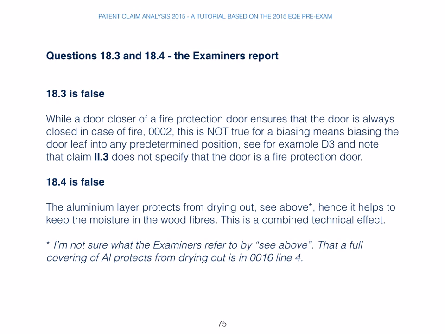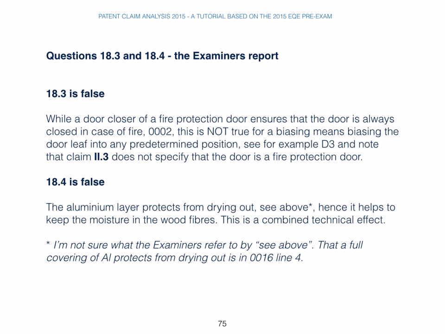See, for example, D3, and note that claim 2.3 does not specify that the door is a fire protection door. My comment is, as claim 2.3 is not limited to a fire protection door, it covers other types of door where it is not necessary to bias the door closed in case of fire.